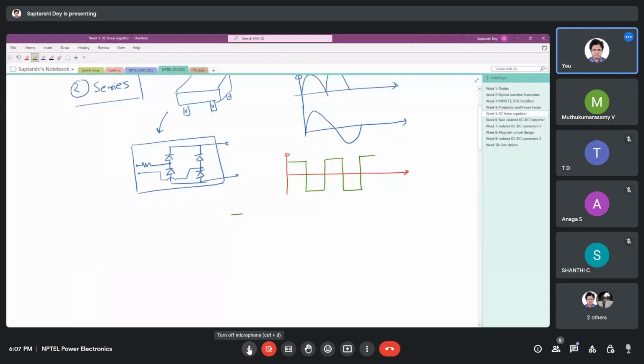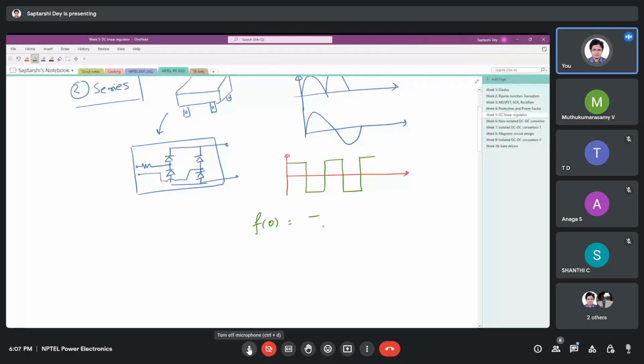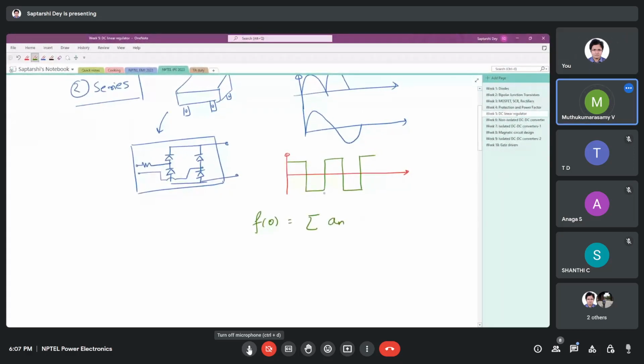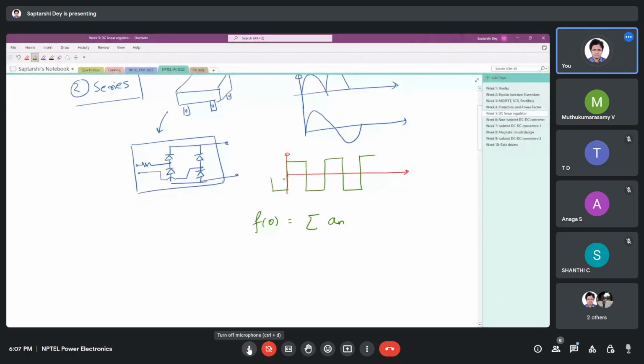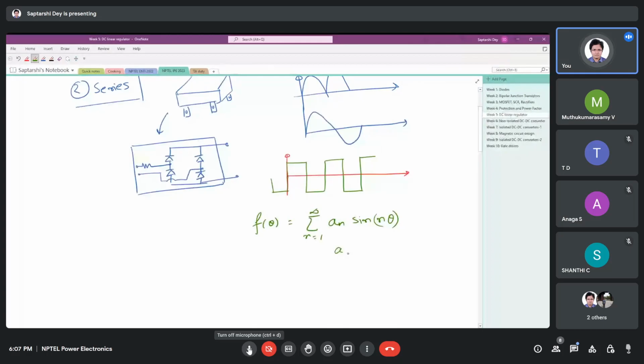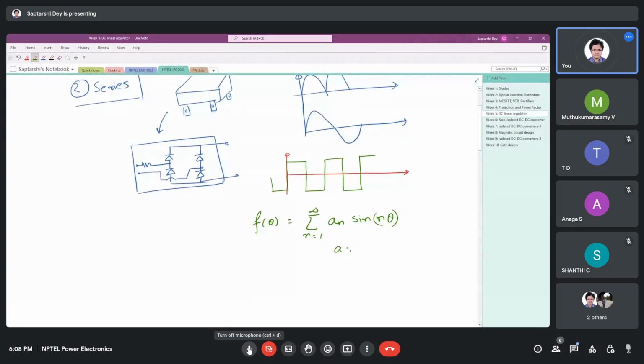What you will get is f of theta equal to the summation over n of an sine n theta, from 1 to infinity. Now you can calculate the values of an, A1, A3, all this.